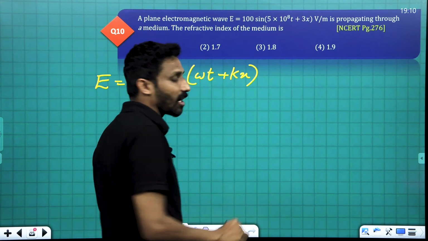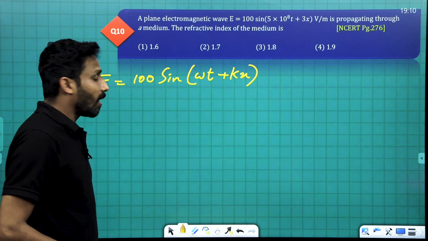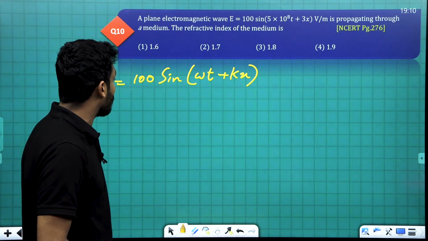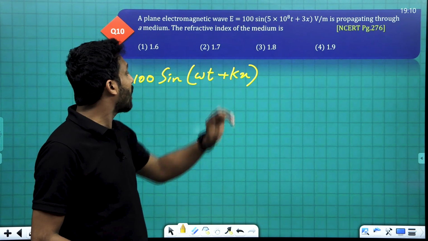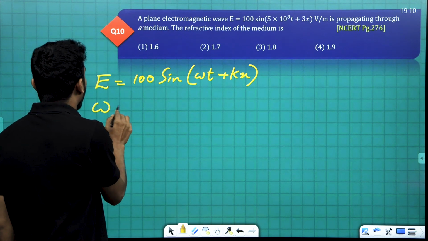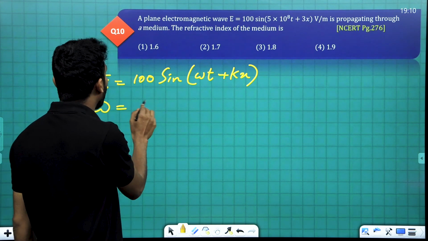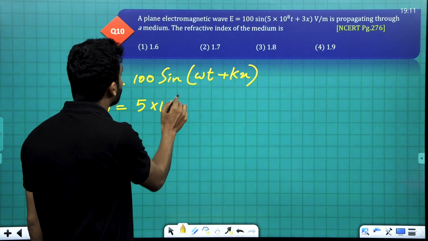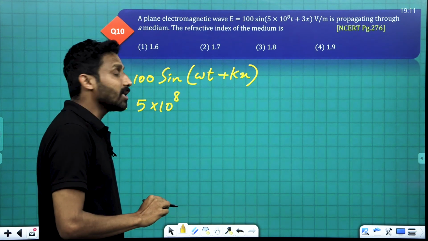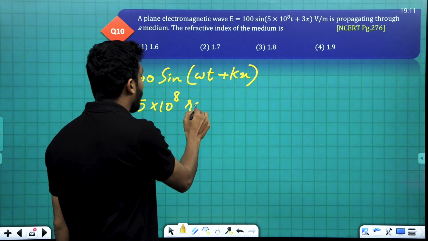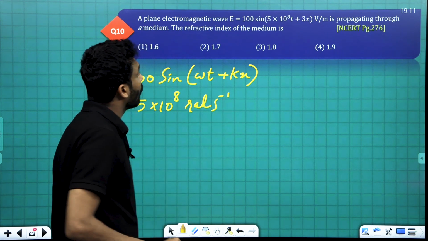In that way, a general formula for the variation of electric field intensity. Comparing this with the given data, we understand omega is equal to 5 into 10 raised to 8 rad per second. That is the SI unit of omega, you know.